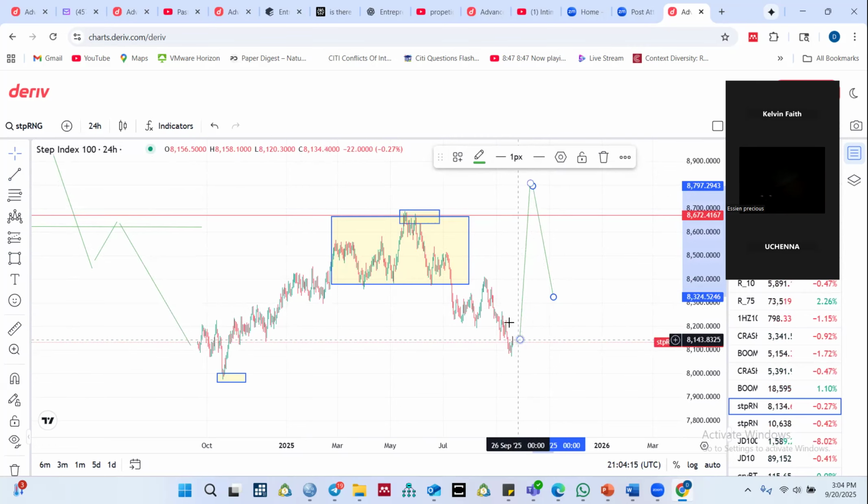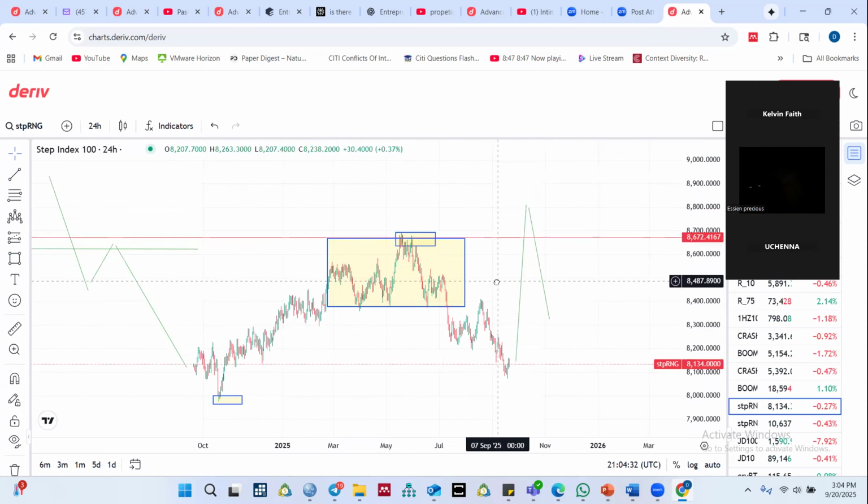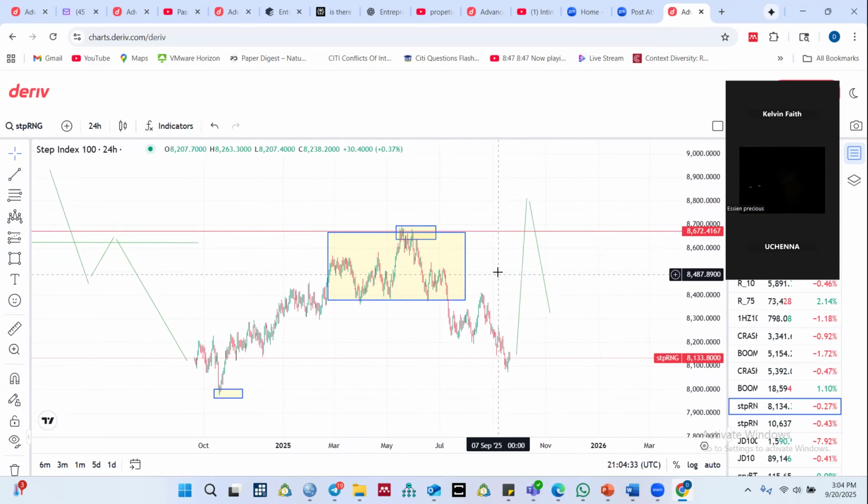We will only see that if this head has been taken out. Then it means the reversal that was forming here, that will give us the continuation of the downtrend, has been destroyed.